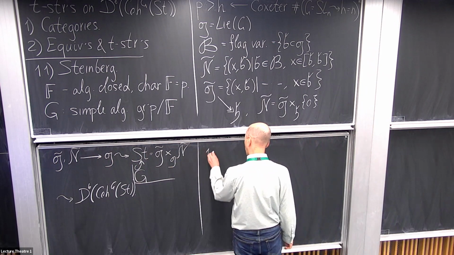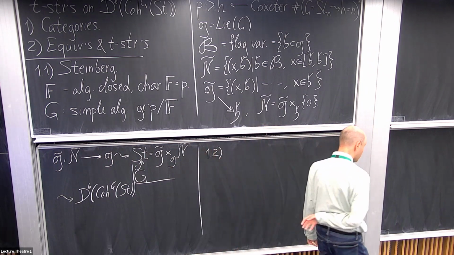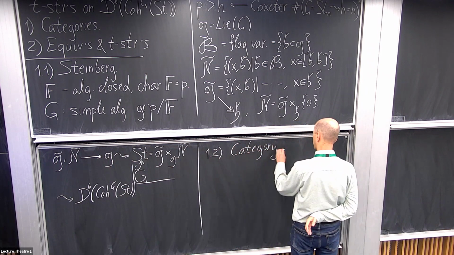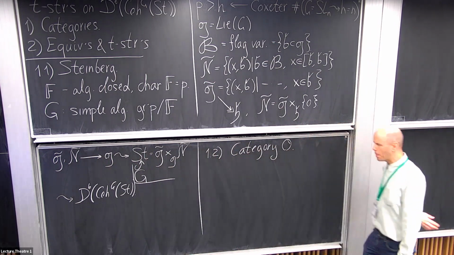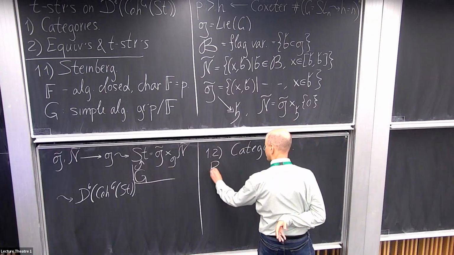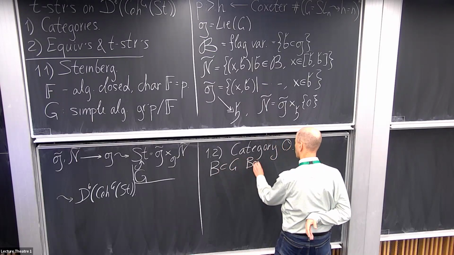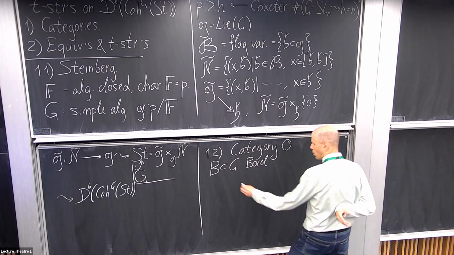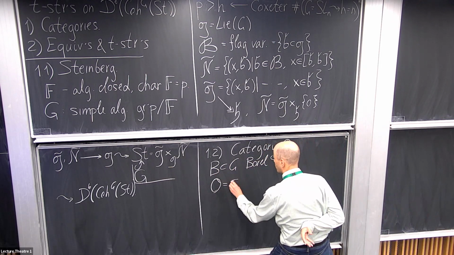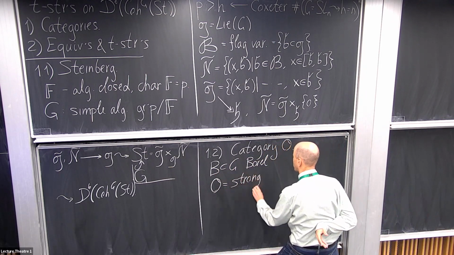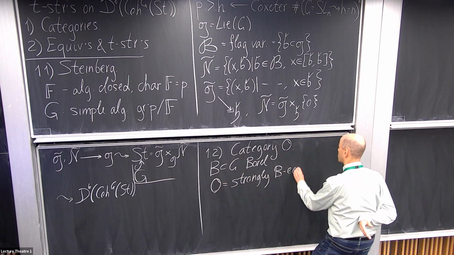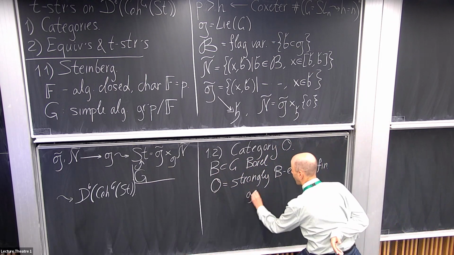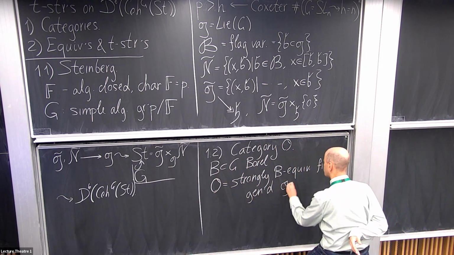Okay, I promised you some classical representation theoretic categories, and the first of them is going to be category O. So let me fix a Borel B inside of G, a group. And my category O is going to be, well, let me write this in words, strongly B-equivariant finitely generated g-modules.